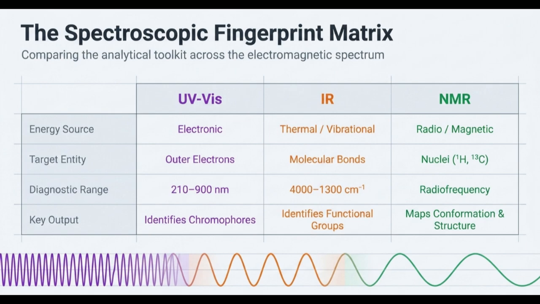Infrared uses thermal or vibrational energy to target molecular bonds and identify functional groups, operating in the range of 4,000 to about 1,300 reciprocal centimeters. NMR uses radiofrequency or magnetic energy to target nuclei, typically hydrogen-1 and carbon-13, and it maps the full conformation and structure of the molecule. No single technique gives you the complete picture, which is why a full characterization often uses all three.